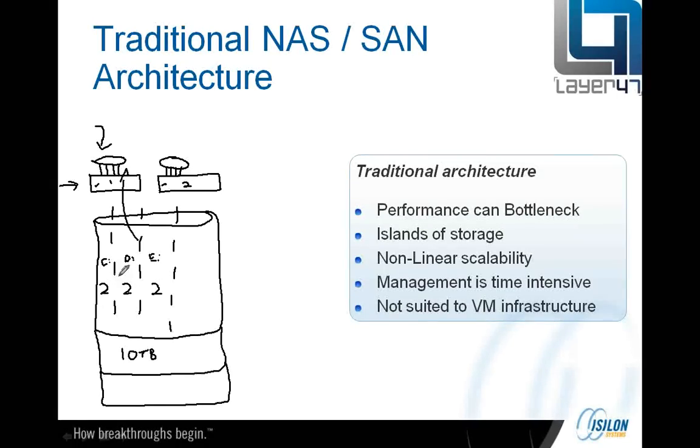And also this logical segmentation and granular configuration and management just gets worse and worse and worse the bigger the system grows. And this is something that possibly you've not really considered as being an issue up to now, because maybe you don't know there's an alternative to this type of architecture. And actually in some cases, more with SAN than NAS, if you're running physical machines for Exchange and SQL and Oracle and you don't want to virtualize those machines, then a physical Fibre Channel traditional SAN architecture is more appropriate for you than Isilon even.